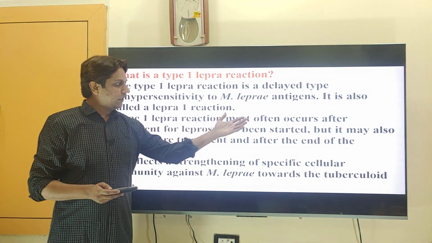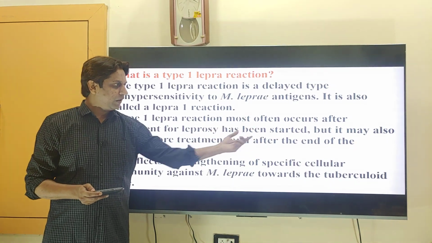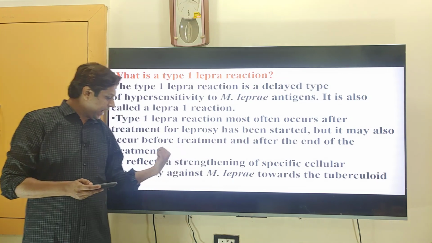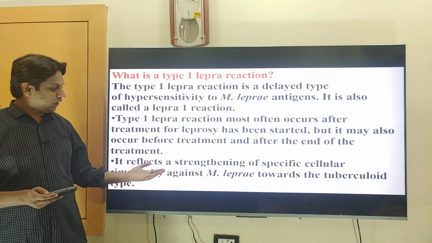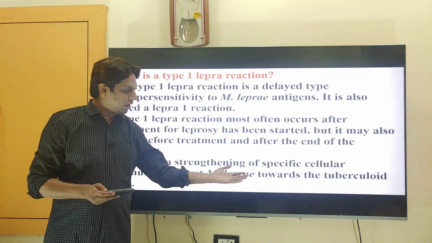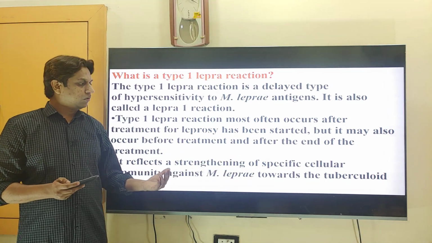Most often it occurs after the treatment of leprosy has been started, but it may also occur before the treatment and after the end of the treatment. It reflects the strengthening of the specific cellular immunity against Mycobacterium leprae towards the tuberculoid type.